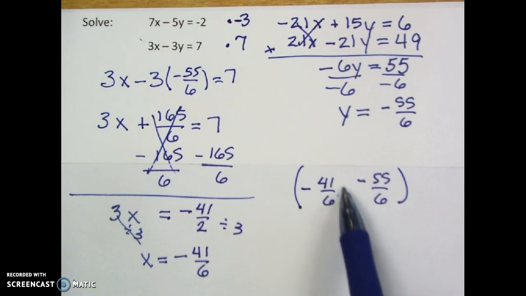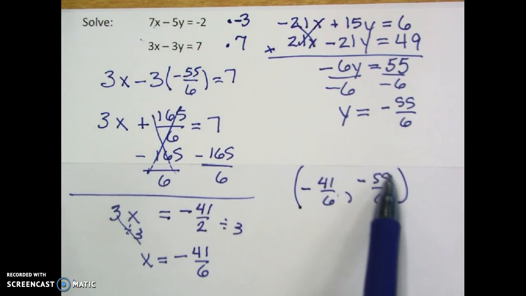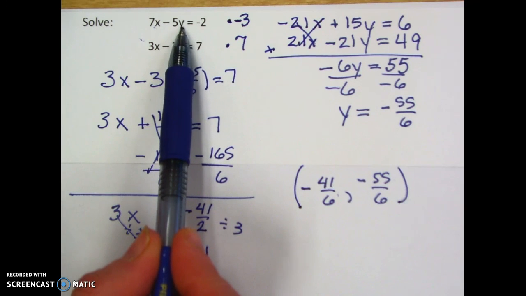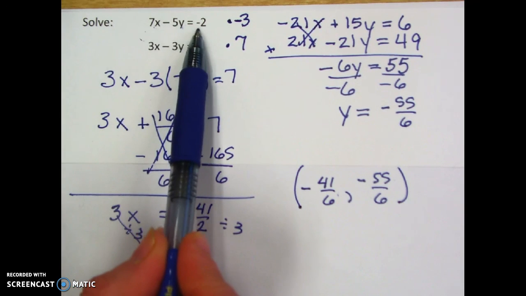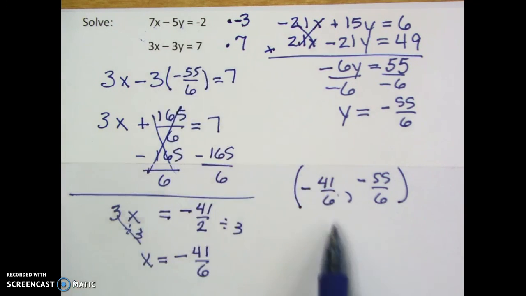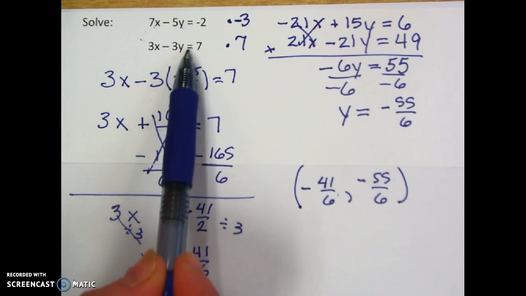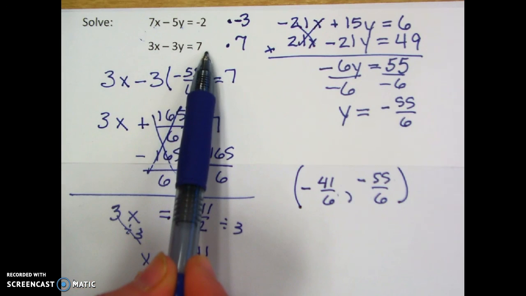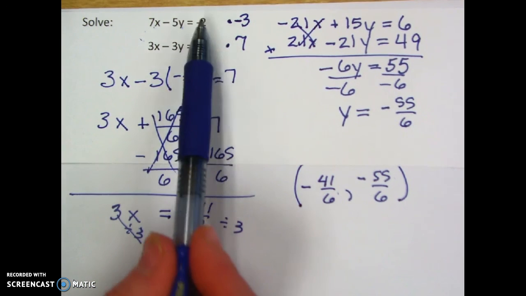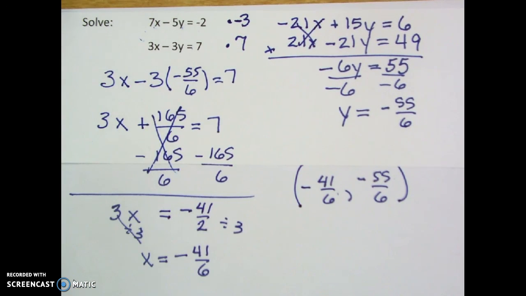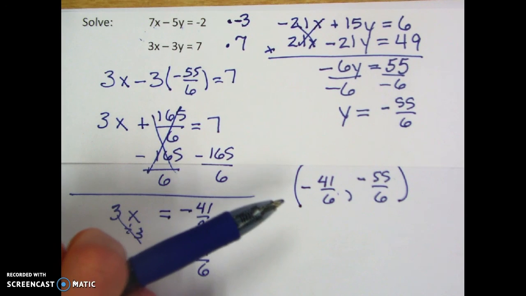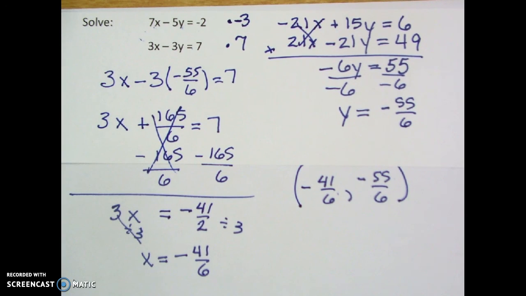So if I put this in here for x and this in here for y, I should be able to work that out and get negative 2. And then if I do it on the bottom one, put this in here for x and this in here for y, work this out, I should get 7. If I don't get negative 2 on the top one or 7 on the bottom one, then this is not my true answer. There's some mistake somewhere. So it's a good way for us to check besides using another method like graphing or substitution.